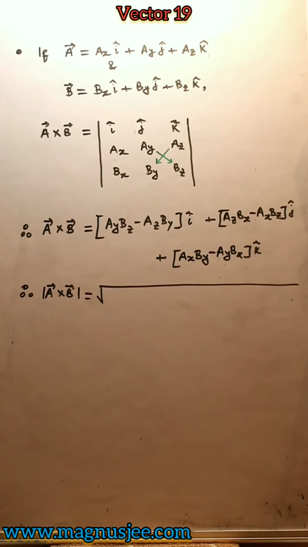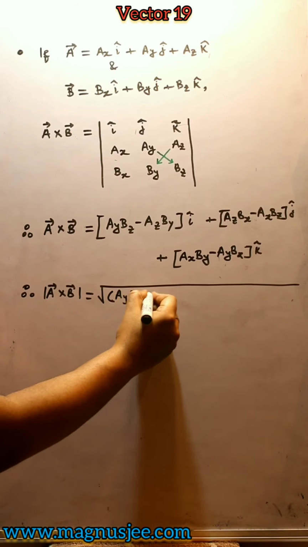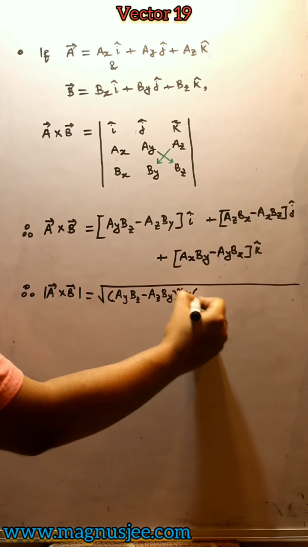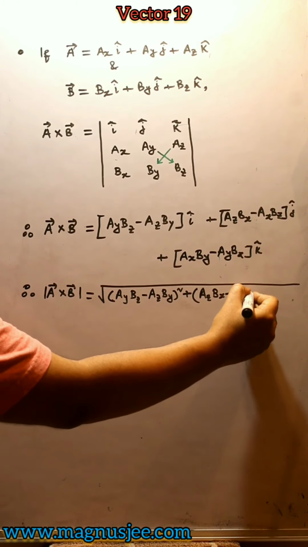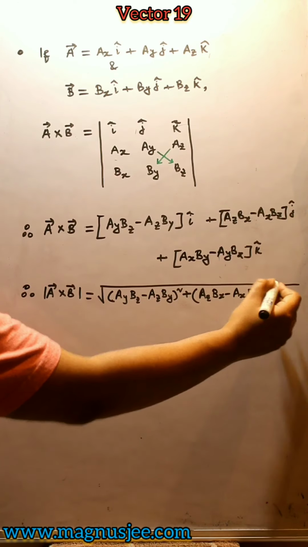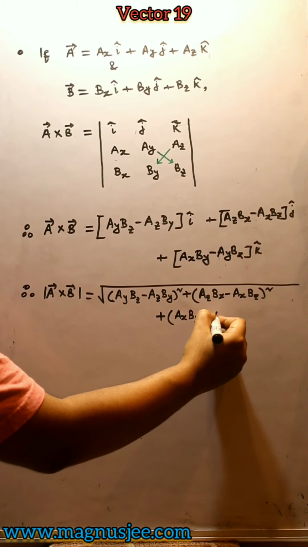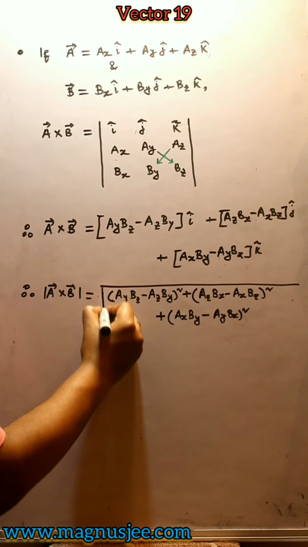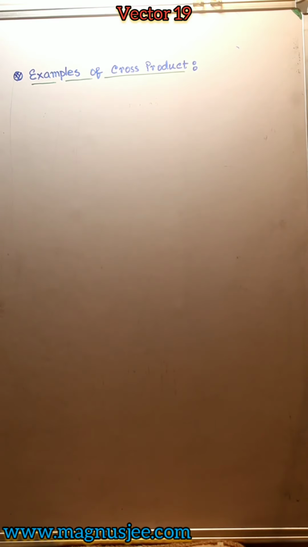So mod of vector A cross vector B is root over ay bz minus az by whole square, that is the square of the rectangular component with i cap, plus az bx minus ax bz whole square, that is the square of the rectangular component with j cap, plus ax by minus ay bx whole square. And vector A cross vector B is ay bz minus az by i cap, plus az bx minus ax bz j cap, plus ax by minus ay bx k cap.